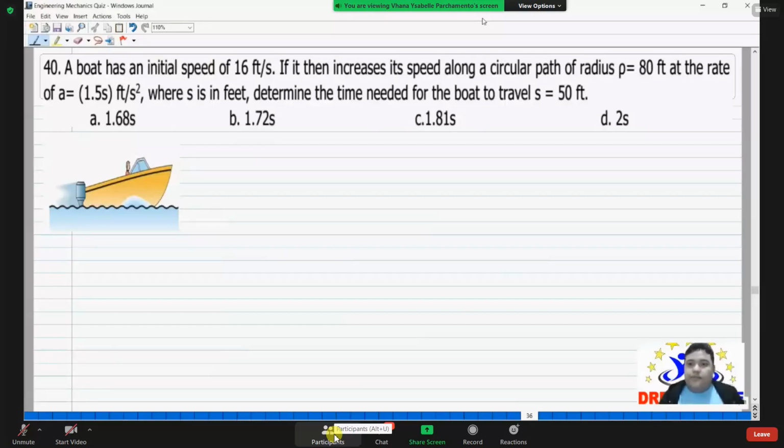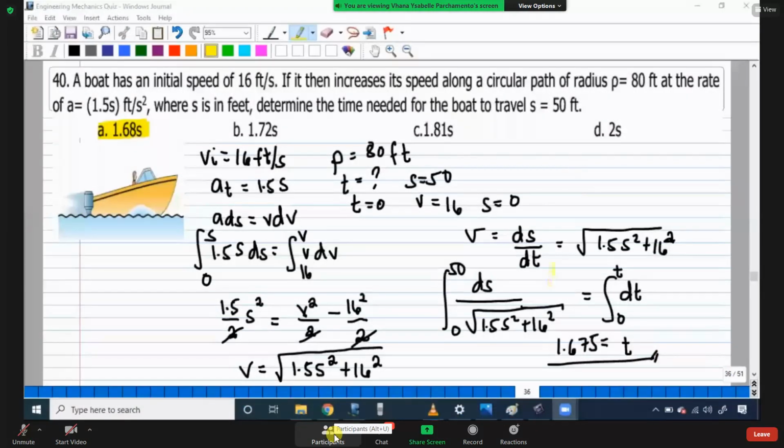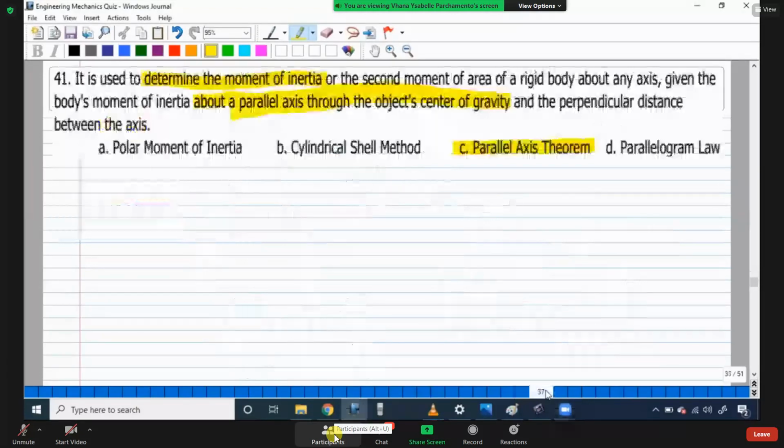Starting natin number 40. Okay, number 40. Okay, picture po. Ang answer is apple. Next. Number 41. Ang answer po ay letter C, cat.